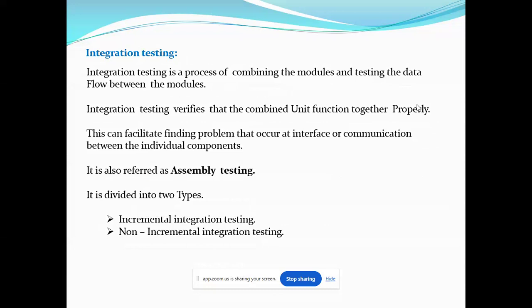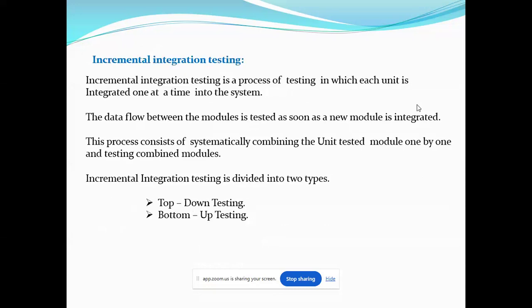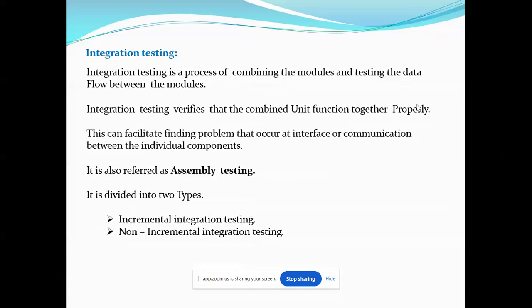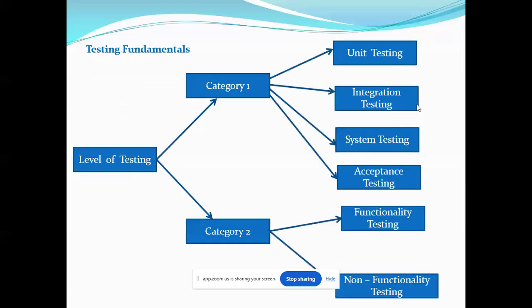Integration testing is very, very important. Whenever any new module is added, you need to do what? Integration testing. Integration means what? Make sure that both have a proper communication or not, that you need to check. Any questions? Is it clear? So integration, you understand, right?